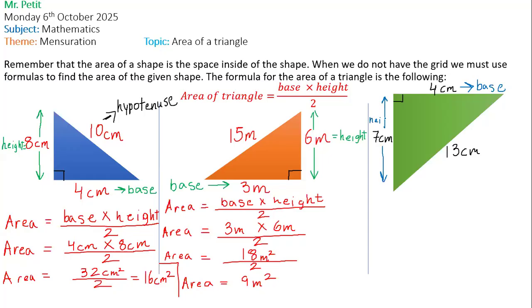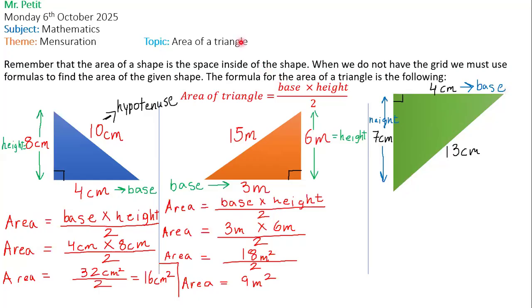And what is 13? What is the word we use for 13? You all remember that word? Hypotenuse. Very good. And what is the hypotenuse? The longest side. Very good.